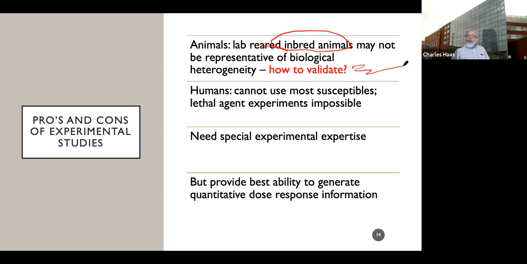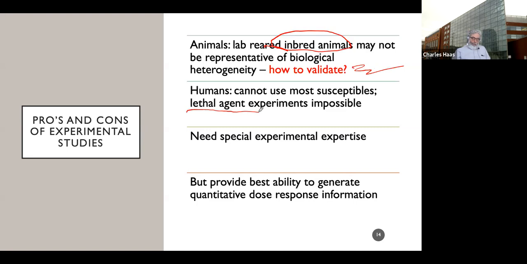With human studies, we can't use the most susceptible individuals because ethical considerations exist, and obviously we can't experiment with agents where lethality is a substantial likelihood of consequence.